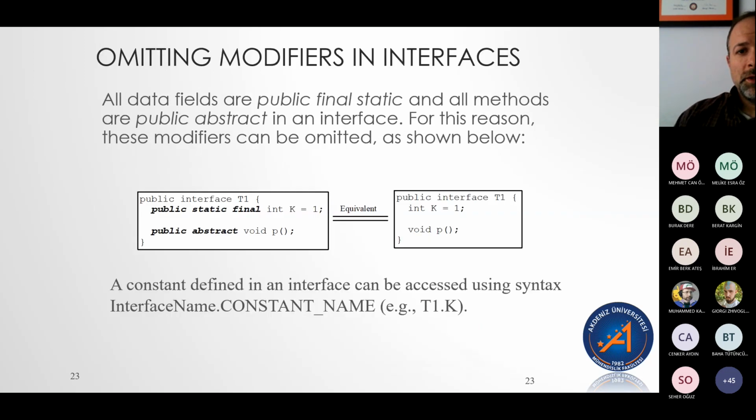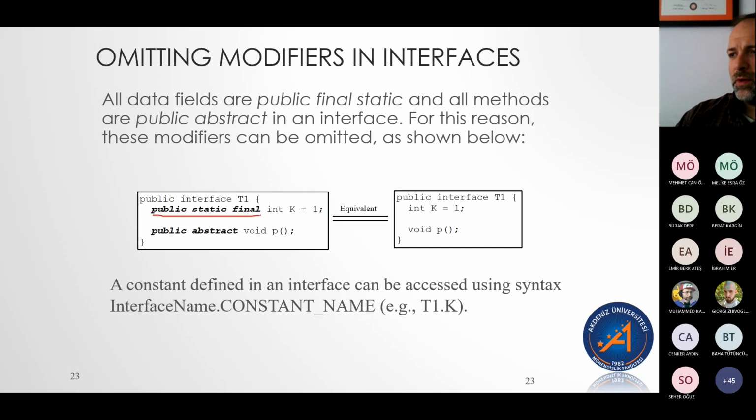All right. The nice thing about interfaces is that because all of the variables are public static final, because they are constants, and because all of the methods in an interface are public abstract, that means we actually don't have to include these modifiers here.